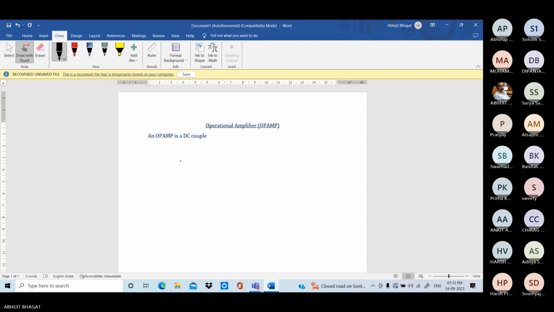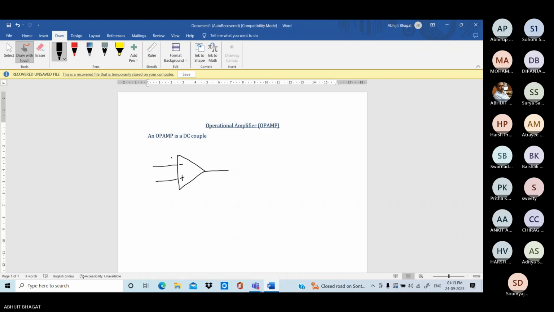Your symbol of op-amp is like this. See the symbol of op-amp. There are two terminals, as I say you. One terminal is labeled as minus, and the other terminal is labeled as plus. This is the input terminal. Next is one output terminal.